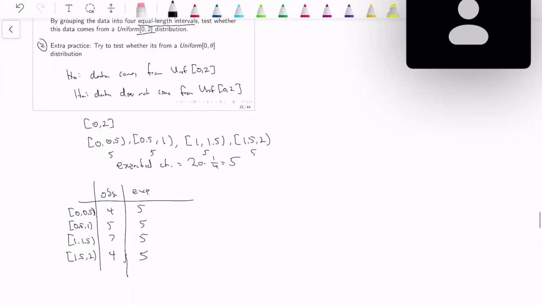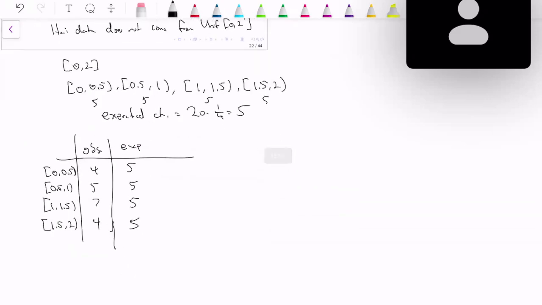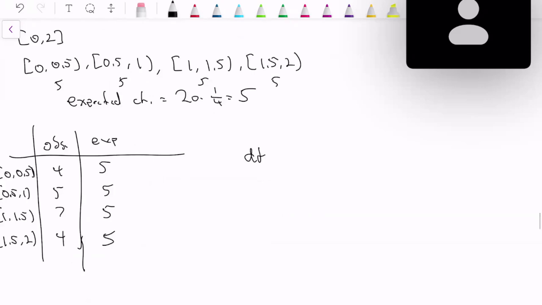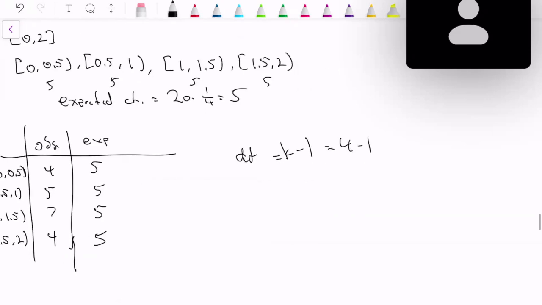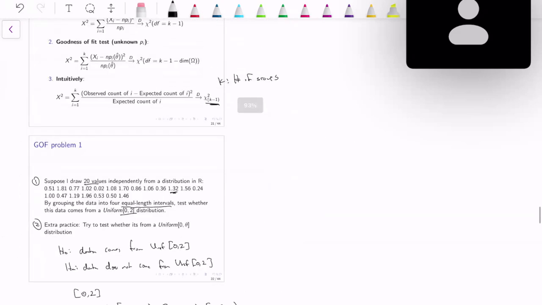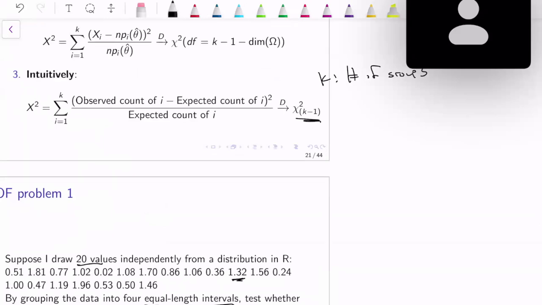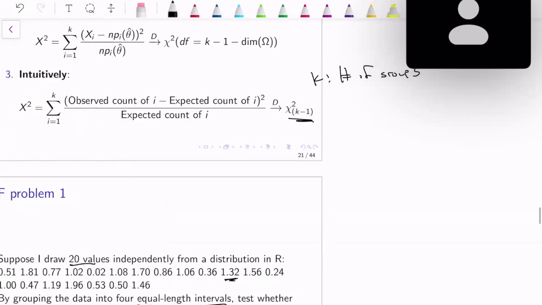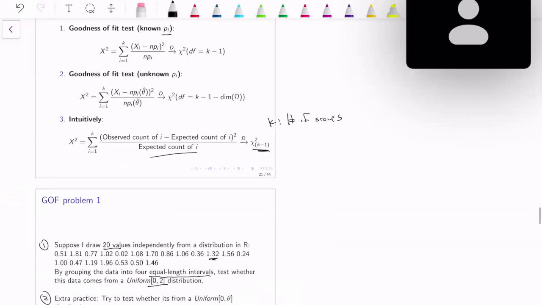And so now we need to do our test statistic. Our degrees of freedom are k minus 1, where k is the number of categories. We have 4 categories here, so 4 minus 1 is 3. Then the chi-squared, remember, is the sum over all categories of the observed count minus the expected count, squared, over the expected count.